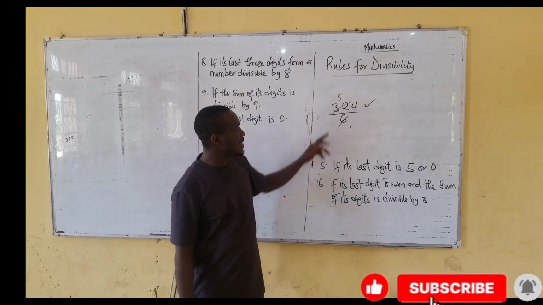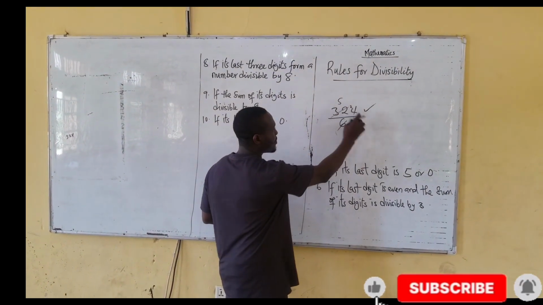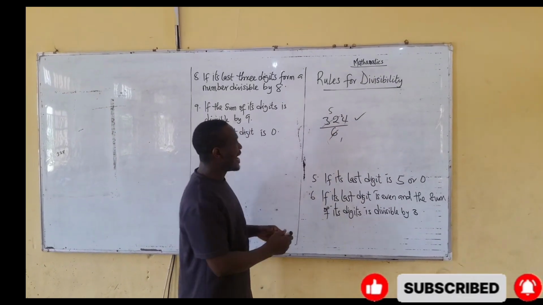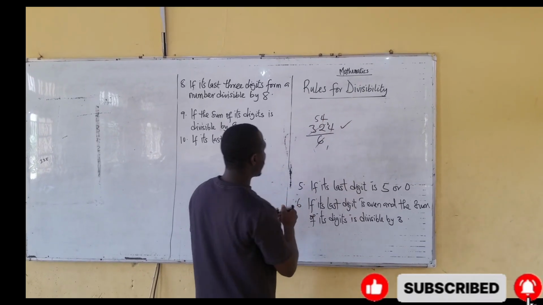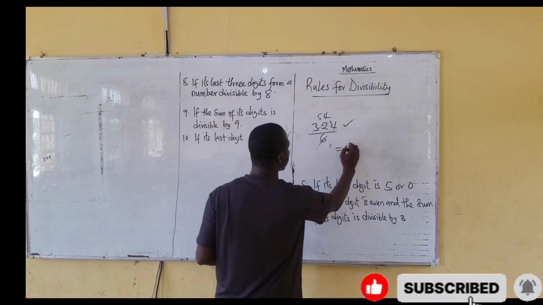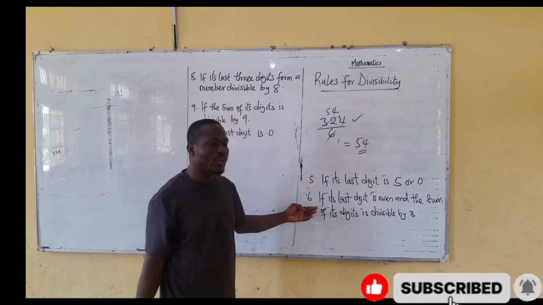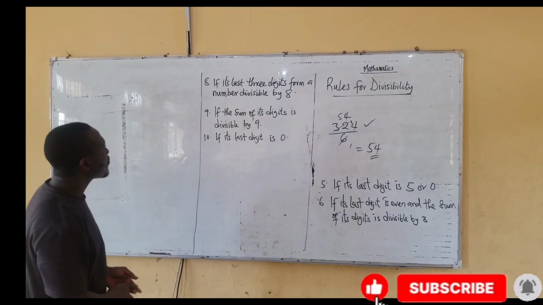Then we get 30, I have 2 remaining. So I move that 2 to the next digit. Here becomes 24. 24 divided by 6, I have 4. And I have been able to divide 324 by 6 to give me 54. So that is how to know if 6 can divide a particular number.